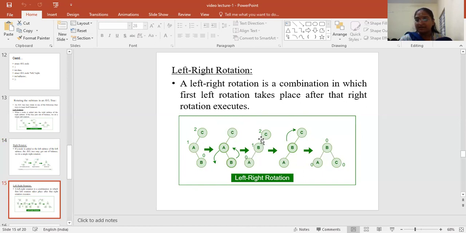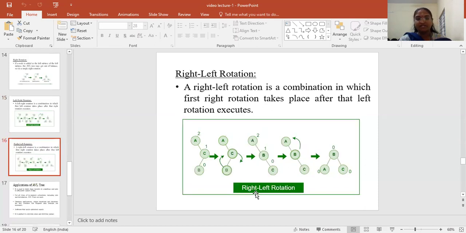Again, this C will be rotated in a clockwise direction, towards the right. Now B will act as a parent, and then the tree is balanced in this way. At last, the tree is balanced and shown as an AVL. Clear? A is rotated to the left side and C is rotated to the right side. This is called a left-right rotation.